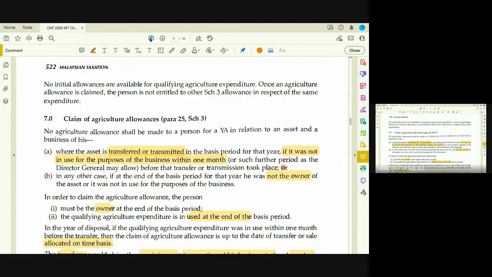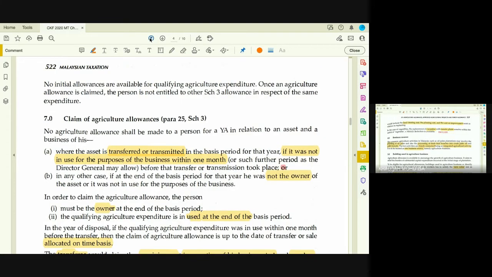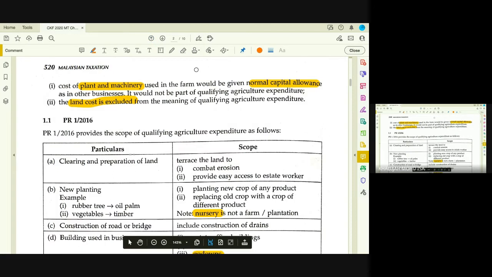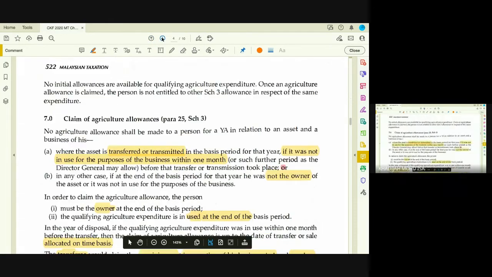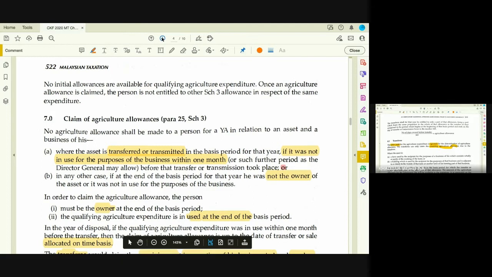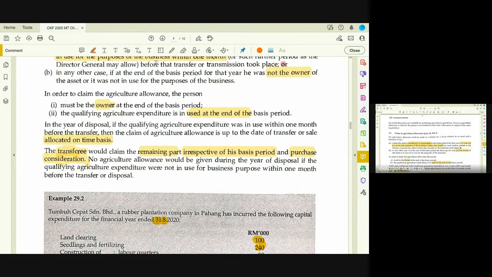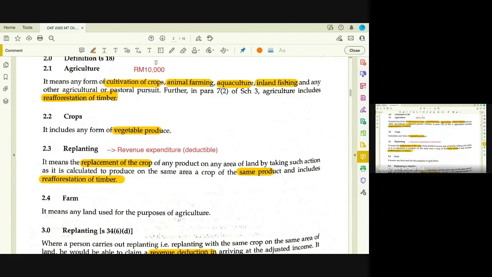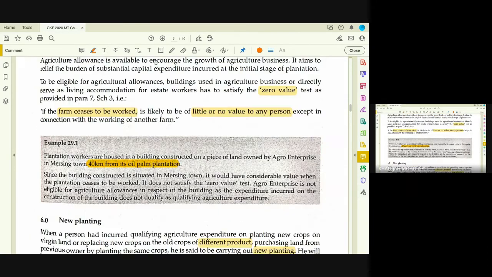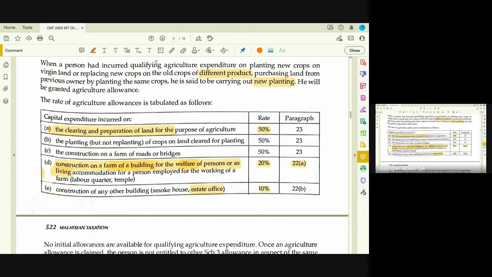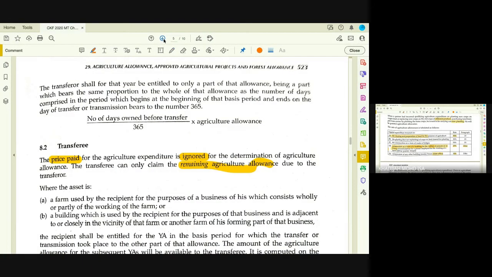Let me look for it. Yeah, this one: the clearing and preparation of land 50%, planting but not replanting 50%, construction on the farm 50%, then building, living accommodation and welfare 20%, then other buildings 10%. So let's go back to the example.